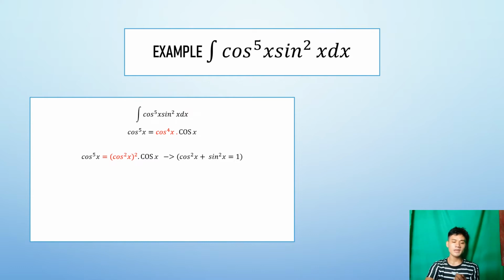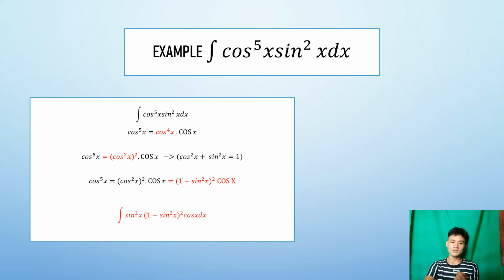Using the identity cosine squared x plus sine squared x equals 1, we apply additive inverse by adding a negative sign to both sides, so we come up with 1 minus sine squared x, squared, times cosine x.